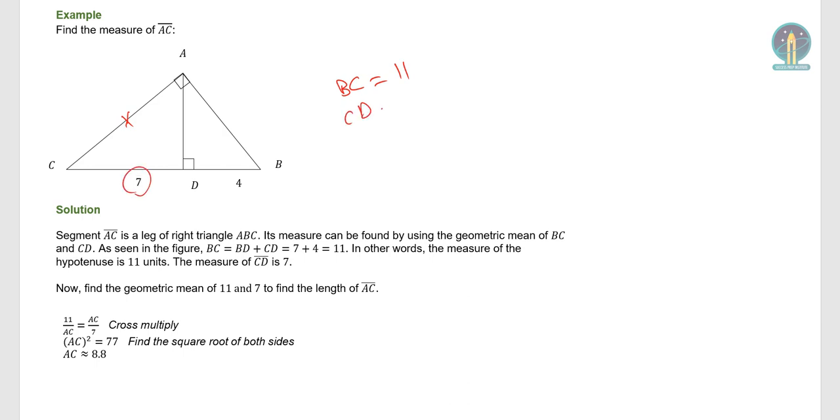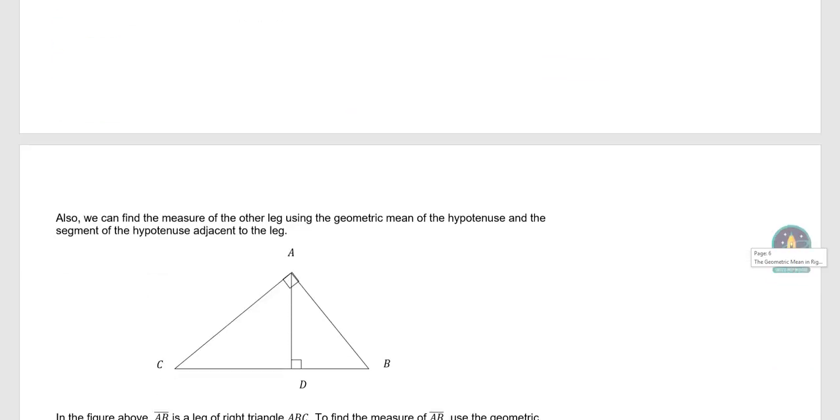So AC is equal to the square root of the product, 11 times 7, the square root of 77, which is approximately 8.8. Okay?